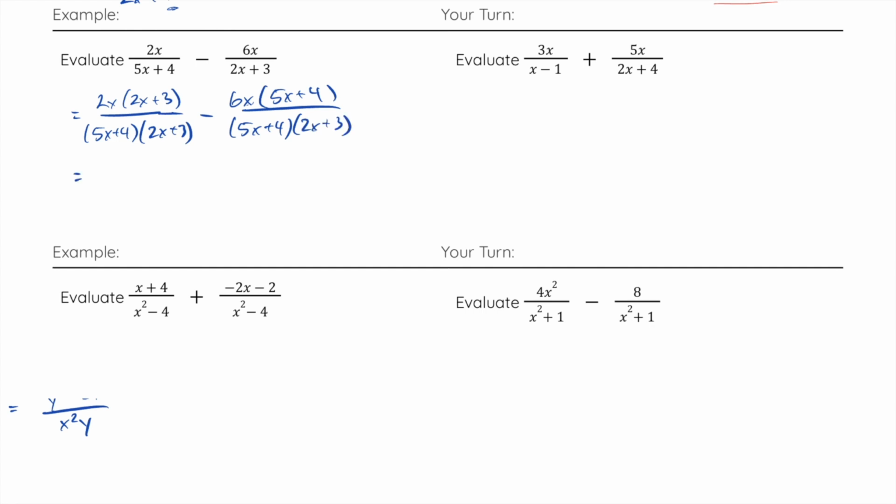And so I will expand these out. We get 4x squared plus 6x minus 30x squared minus 24x, and that's all over this single common denominator here.